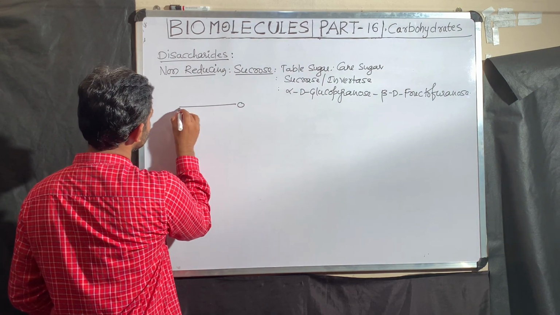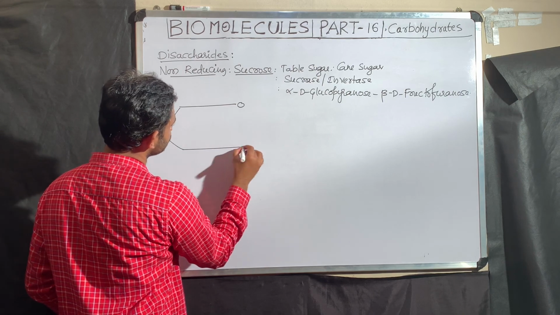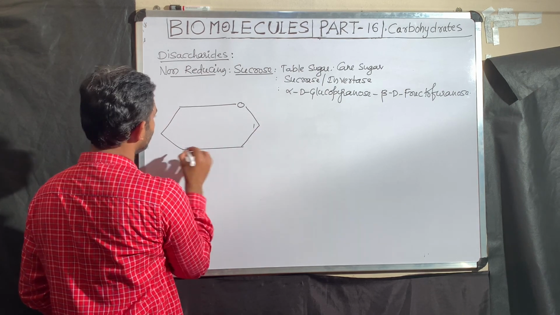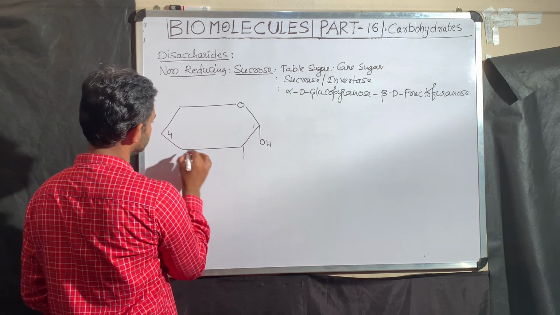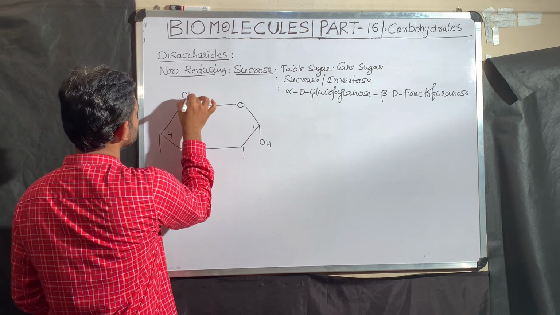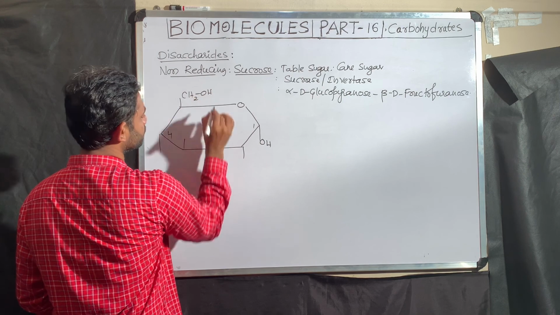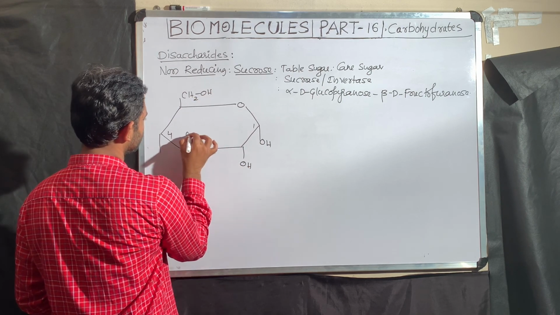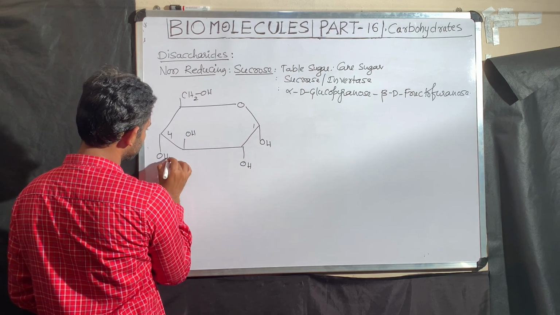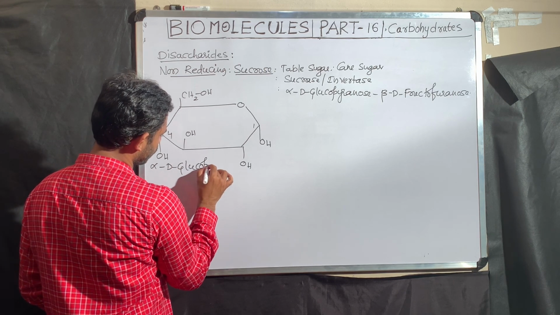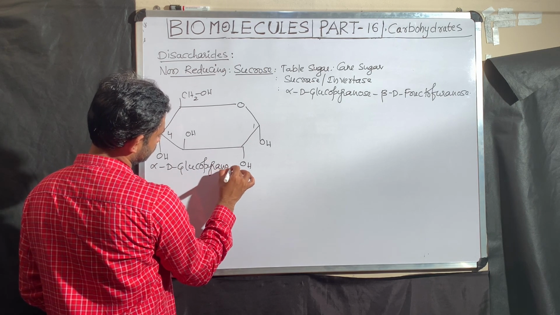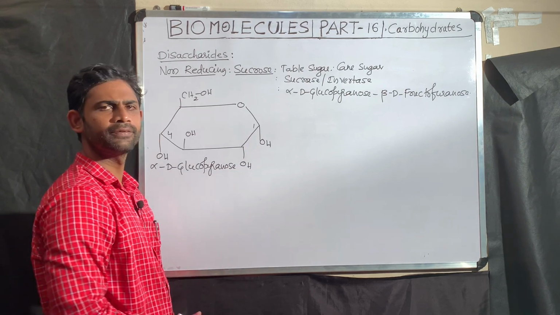This is a structure you should practice because glucose will come many times. 1, 4. Alpha, OH group down. CH2OH. OH, OH, OH. This is alpha D glucopyranose. Okay? Next sugar, beta D fructofuranose.